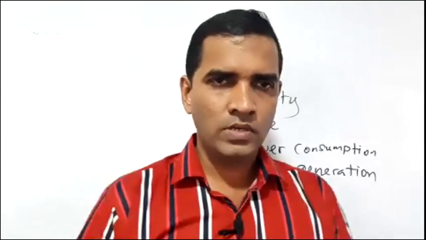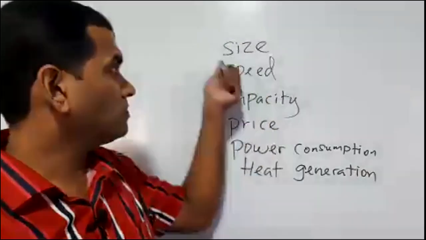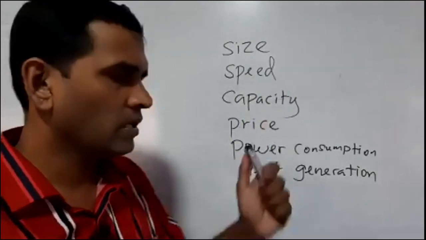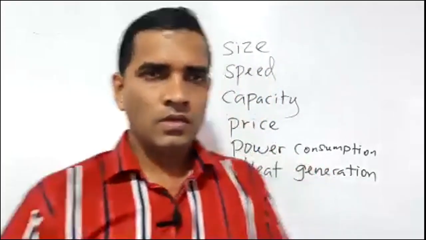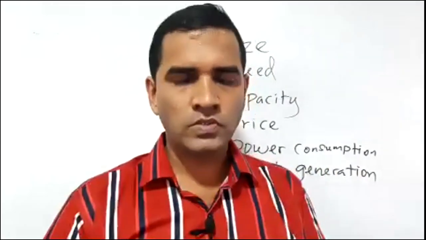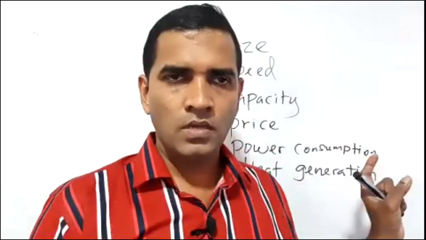That's why I skip the technology. Right, look here. So you have these characteristics: size, speed, capacity, price, power consumption, and heat generation. Look, these are the characteristics of computers.